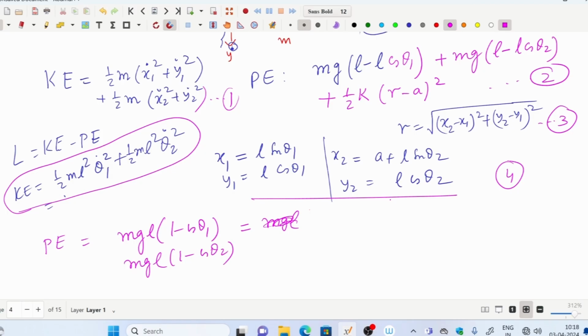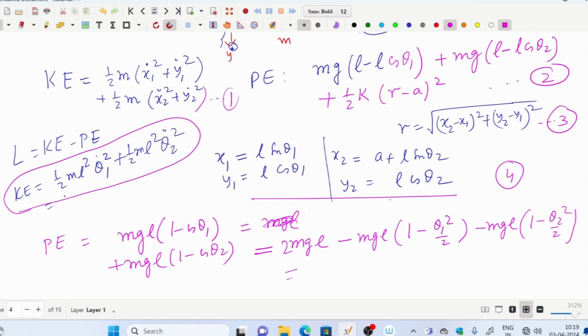We will simplify these two potential energy terms separately. This will give you 2 mg L, one from this term and one from this term, and then minus mg L times cos theta, which we can write as 1 minus theta 1 square by 2, and minus mg L 1 minus theta 2 square by 2.